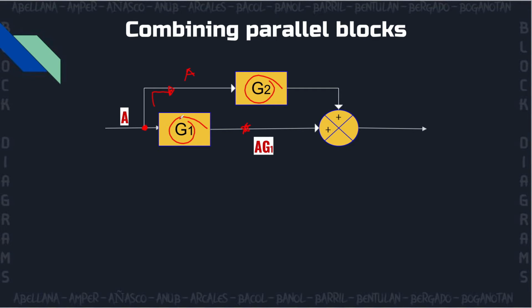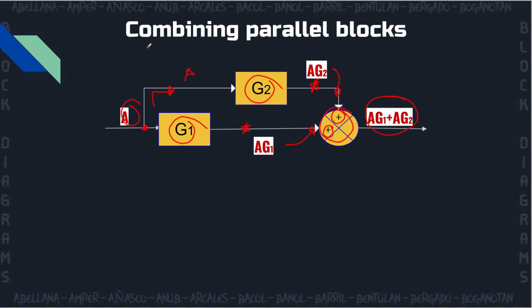We multiply the transfer function and the input, and the output in this part of the block diagram would be AG2. Since we have a summing point right here, or a summing junction, and both of them are positive, the output would be AG1 plus AG2. So we just combine the two outputs to make the final output.